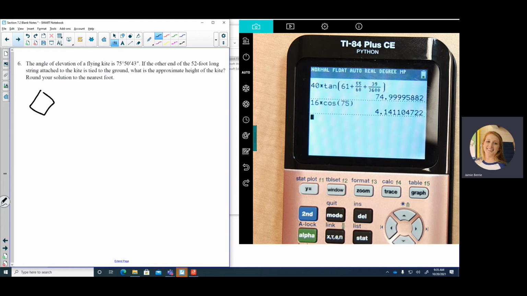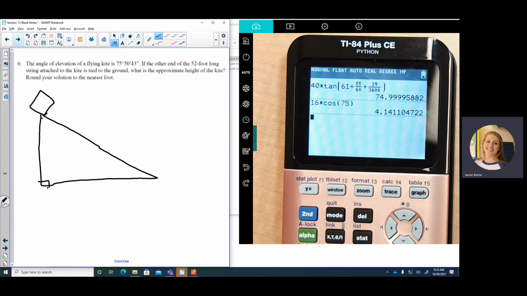All right, so here's our kite, and then here's the string. There's the string of our kite. And then we'll go ahead and finish off this right triangle. This is the angle of elevation.